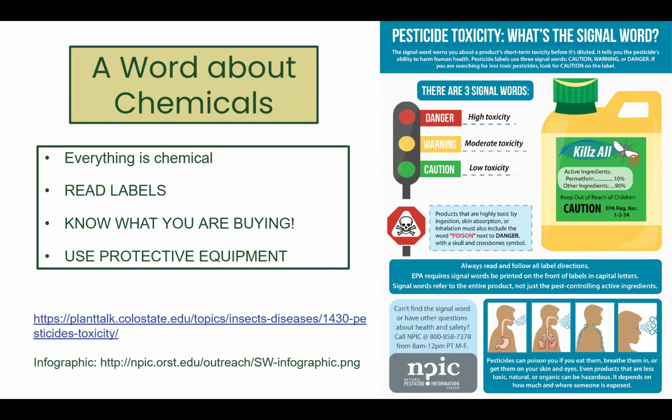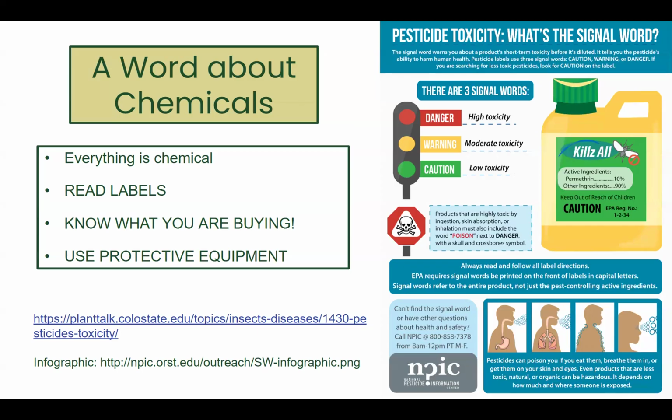Things that are labeled for specific application, pesticides, for example, that are labeled for controlling grasshoppers, have been studied and examined. They have disclaimers about safety. They have rules about how to use and store that product. And so following those rules is going to be very important. And in fact, it is the law.